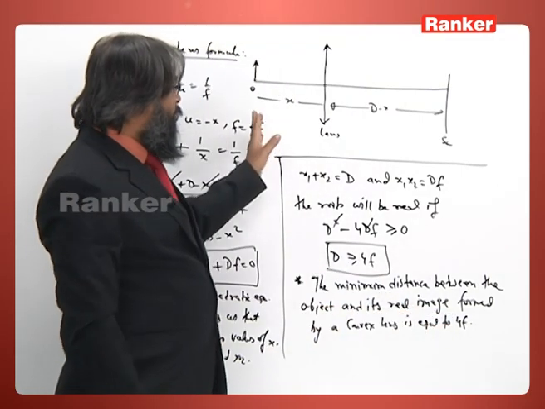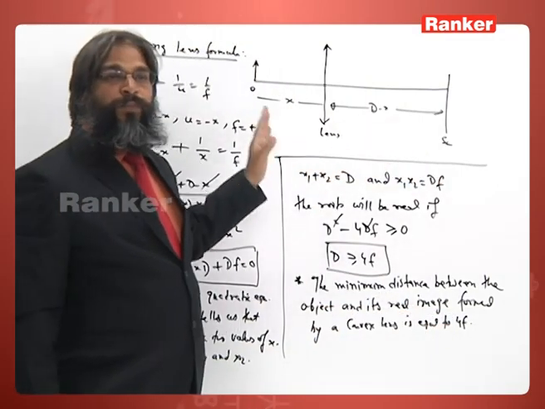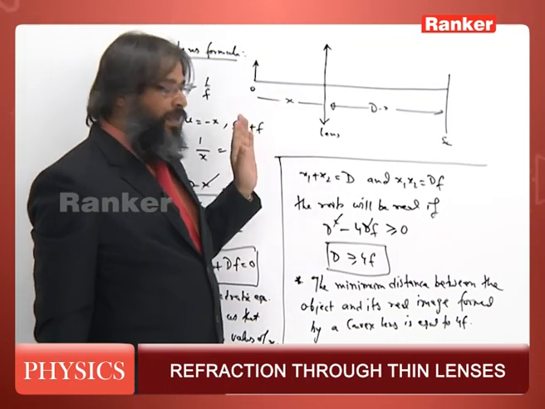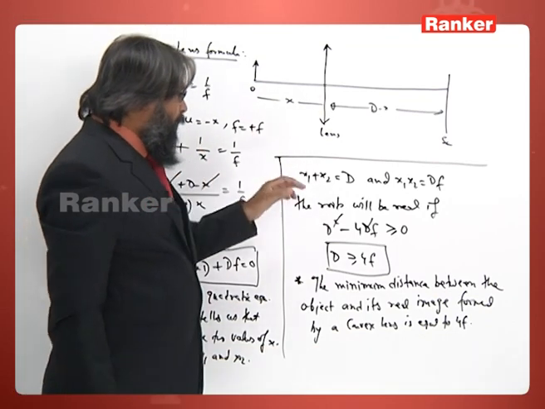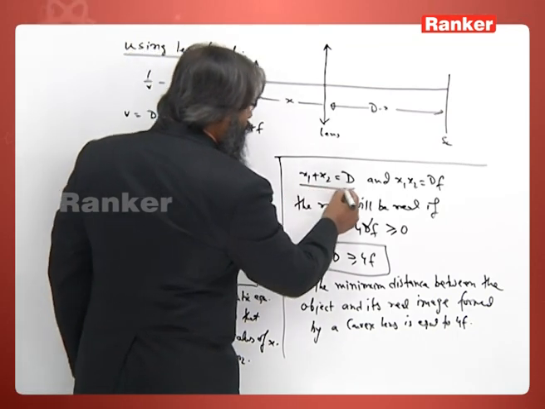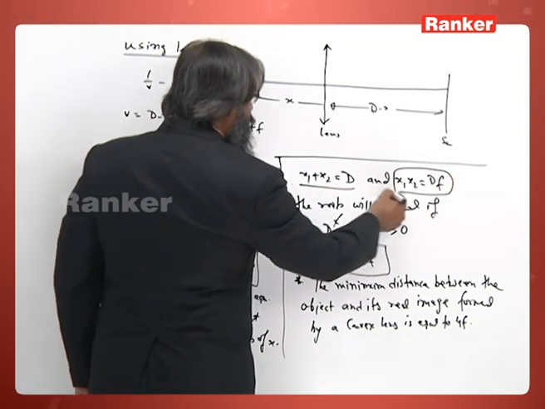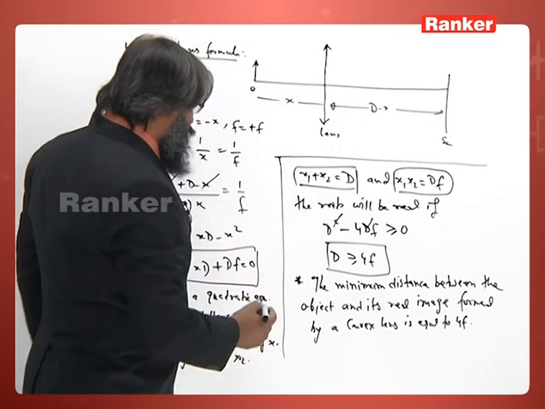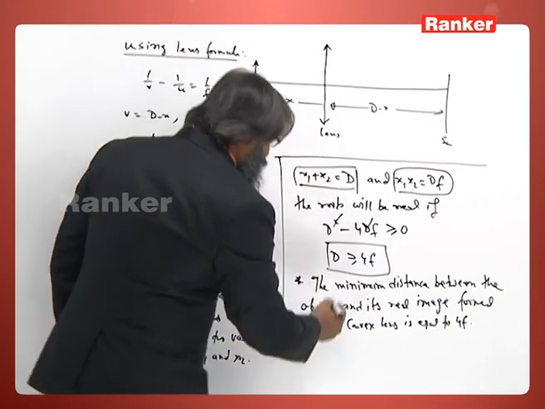That is why we want this distance to be more than 4 times the estimated value of the focal length. Now, I have the sum of these roots and the product of these roots. So, let us see the difference of these two roots, x2 minus x1.